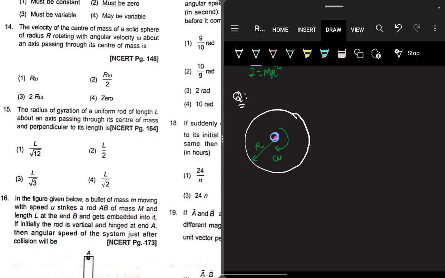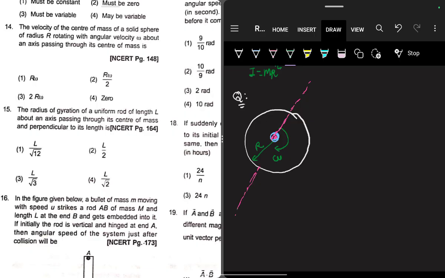And the axis is passing through this point. Yes or no? This central point. Yes. And they are asking us to find out the velocity of this point, which is at the center. That is the center of mass of a solid sphere.